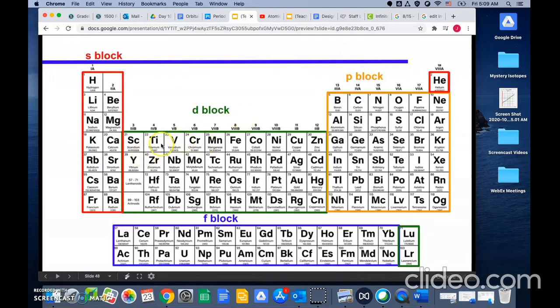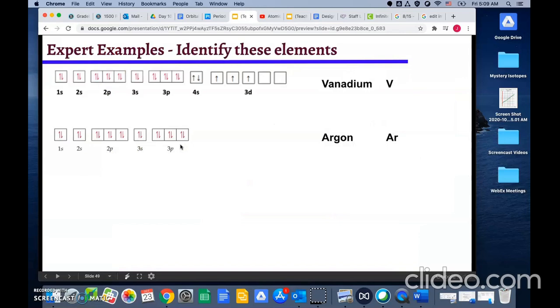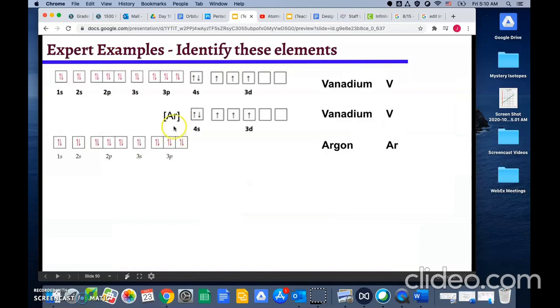Well, if we look, vanadium's right here, so we're just giving the electrons that are in the fourth period here. We don't worry about the other electrons. For those, we just write argon, because argon is the closest noble gas to vanadium, or it's the noble gas that comes before vanadium.